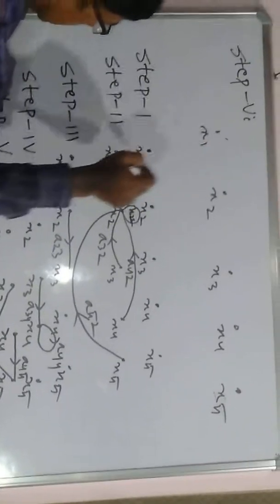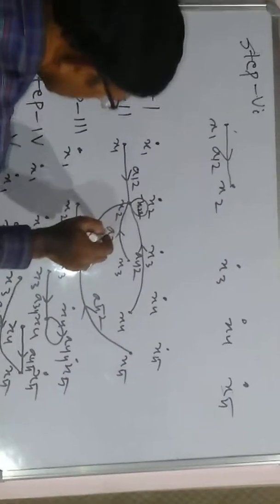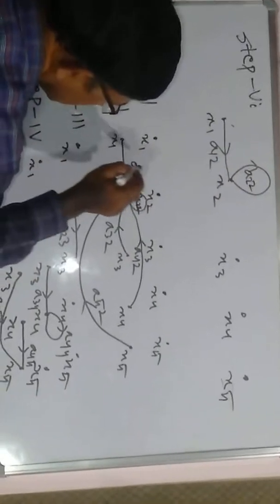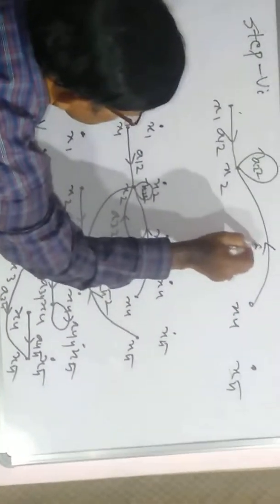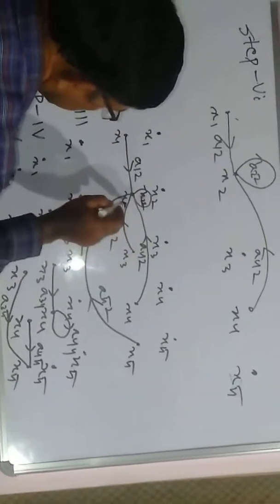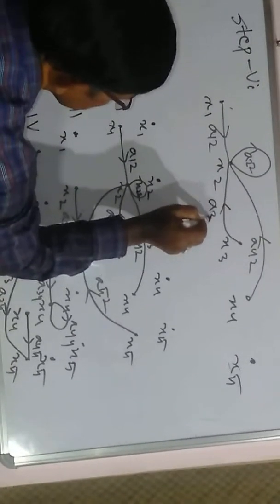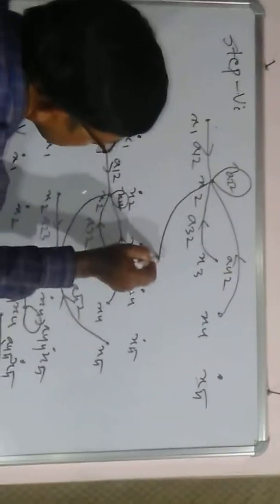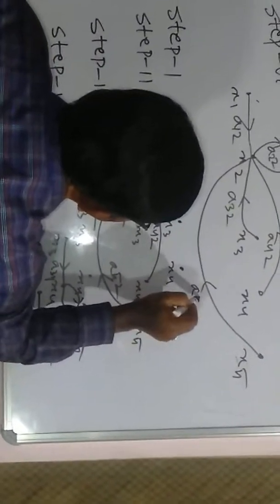You have to first draw this signal flow graph, that is a12, then a22, then a42, then a32, then a52. Okay, now this is completed.